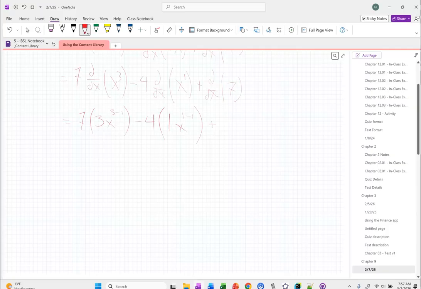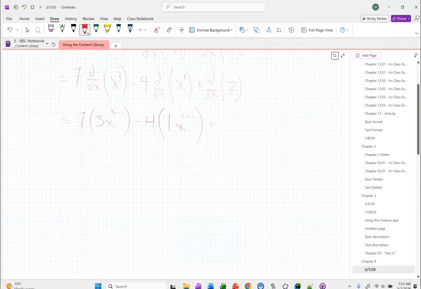And what's the derivative of a constant? 0. Okay, so think about it like if you graphed y equals 7, what does that look like? Straight horizontal line, right? What's the slope at any point on that horizontal line? 0.